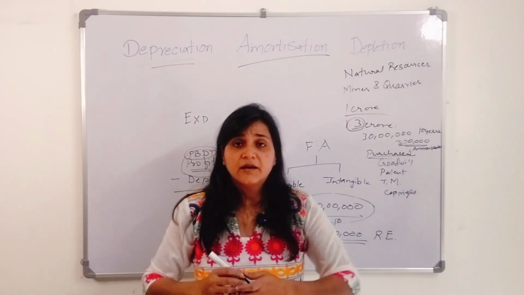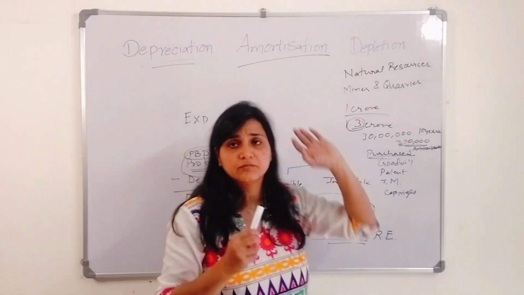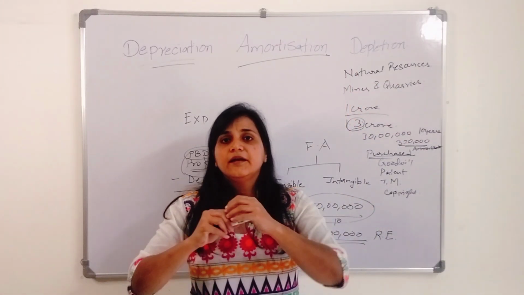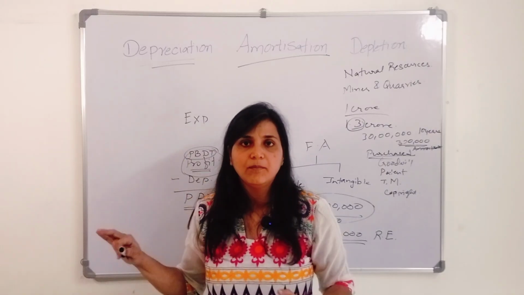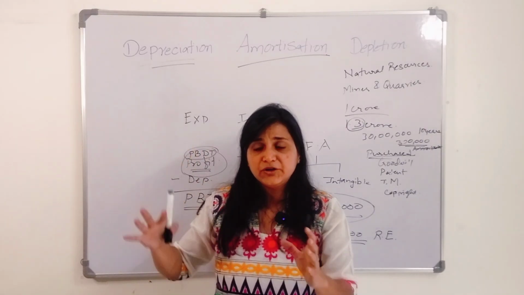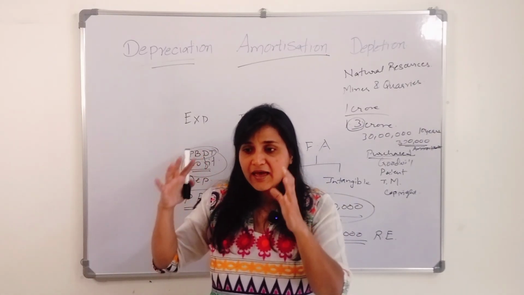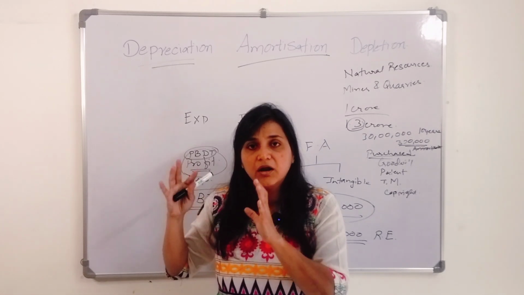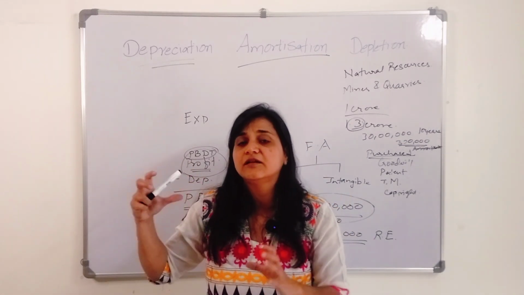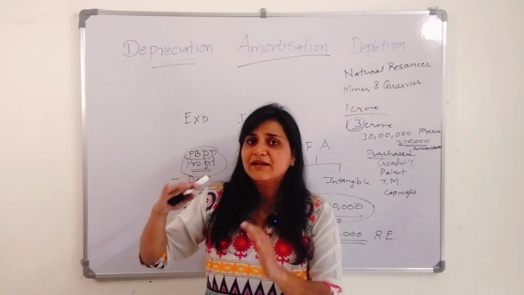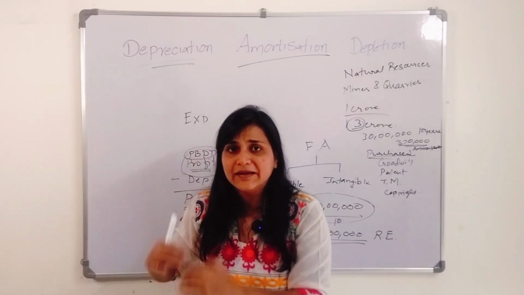Now, if I am into mines business, when I am purchasing a certain coal mine, that particular coal mine has a particular amount I can extract. Slowly and gradually it will get depleted.